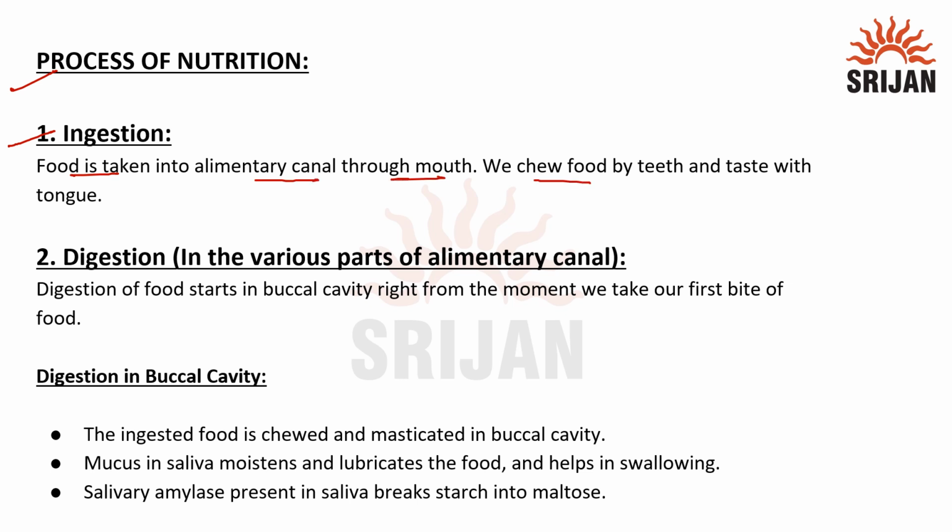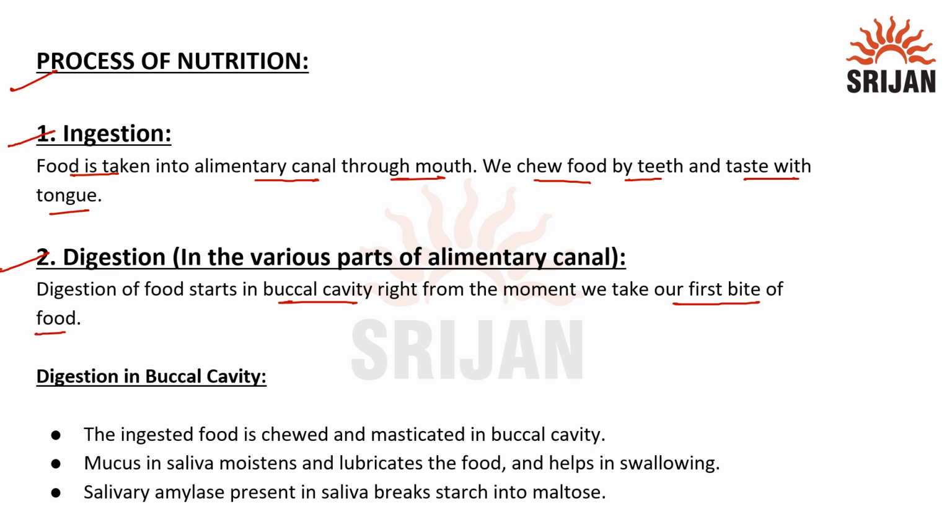We chew this food with the help of teeth and taste with the help of the tongue. The next process is digestion. Digestion takes place in various parts of the alimentary canal, but it starts in the buccal cavity, that is the mouth region, right from the moment we take the first bite of our food.